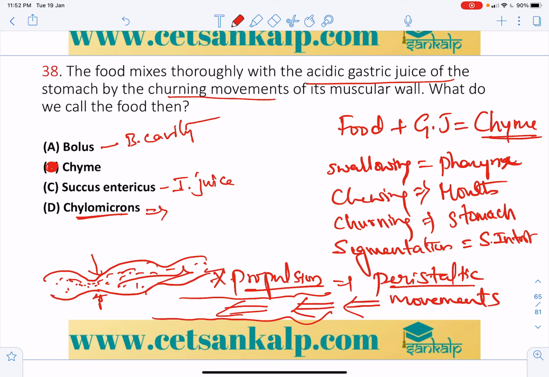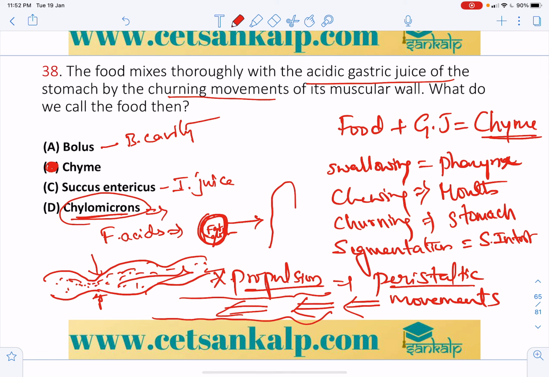Protein-coated fat globules are absorbed into the epithelium and then into the lacteal, that is the lymphatic vessels of the villi.